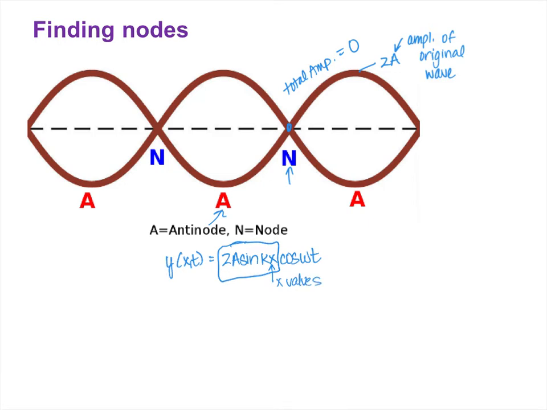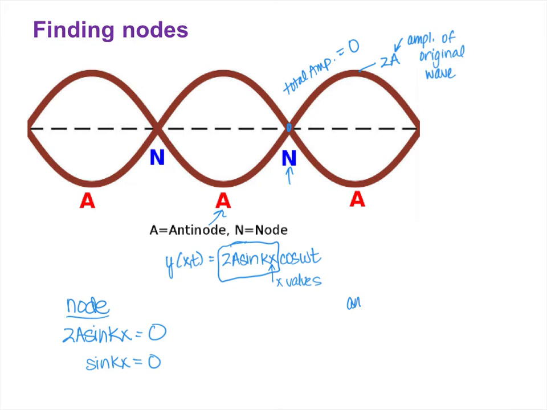And so if I want to find a node, I'm going to say that 2A sine of kx is equal to 0, which can also be written as sine of kx is equal to 0.